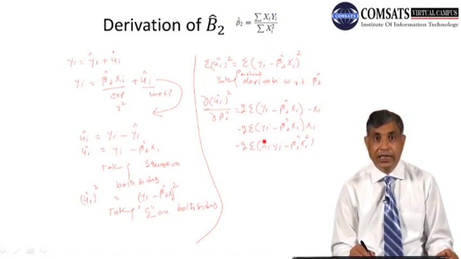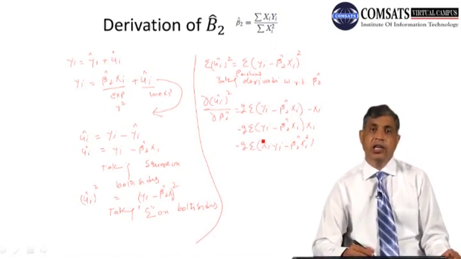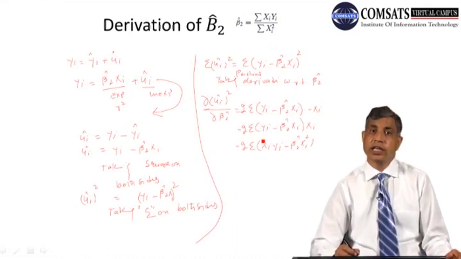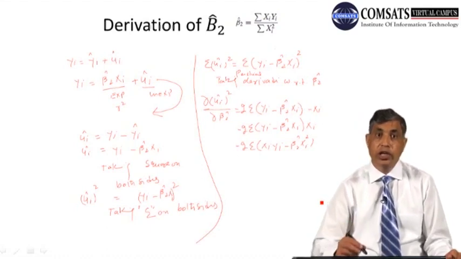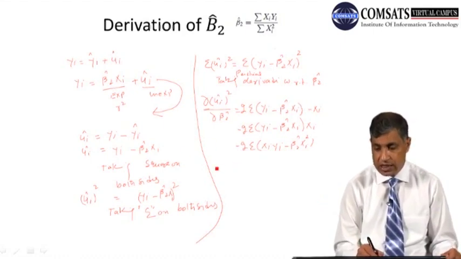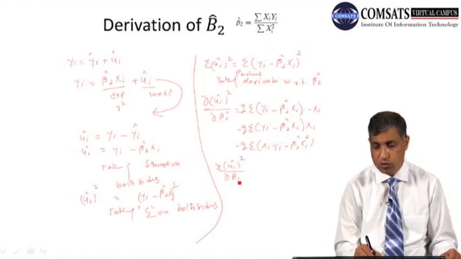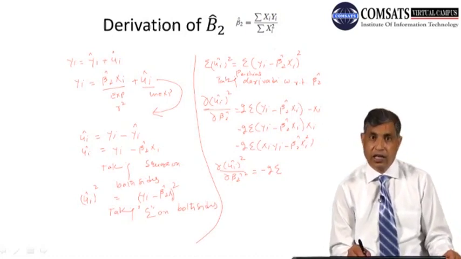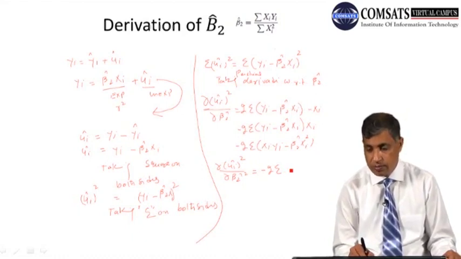Now taking the second derivative. The second partial derivative should be greater than 0. If it is less than 0, our theory will be refuted, and we will be calculating the maximum rather than the minimum. So the second partial derivative of ui hat square with respect to beta 2 hat is equal to minus 2 summation, and applying the power function rule, this will become minus xi square.